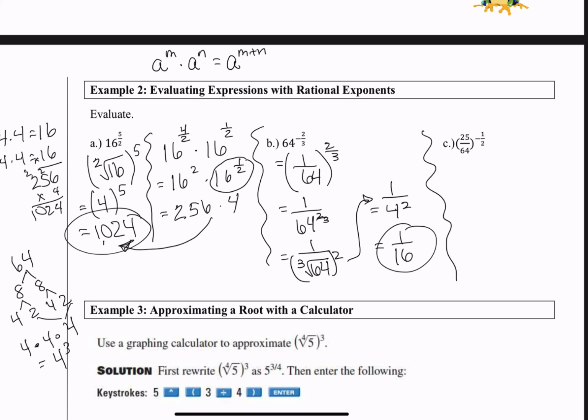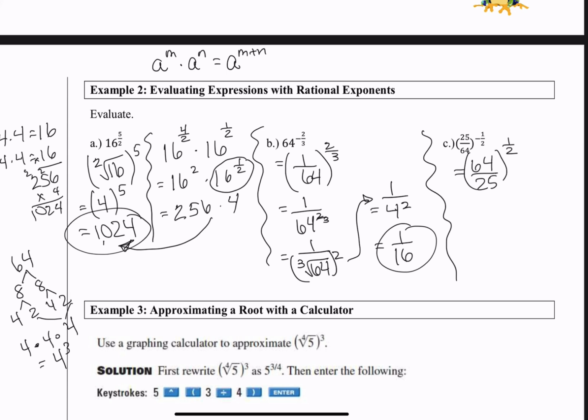All right, and let's do C. So again, I notice that I have a negative exponent. So the first thing I'm going to do is do the reciprocal of the base to get a positive exponent. So 64 over 25, and all of that gets raised to the 1/2 power. Again, I'm going to do the power of a quotient property, so I'm going to give that power to both numerator and denominator.